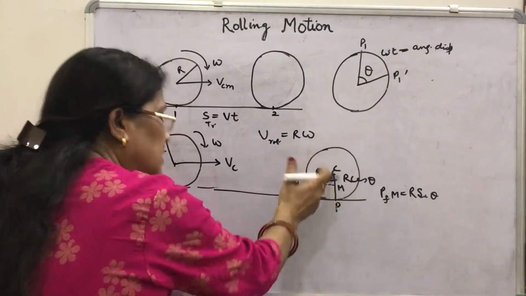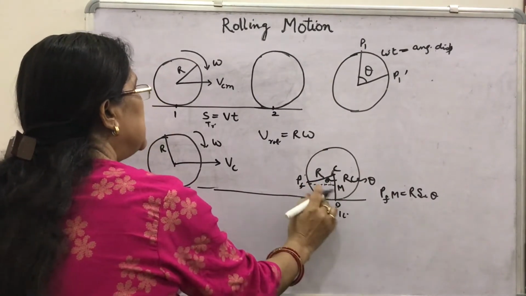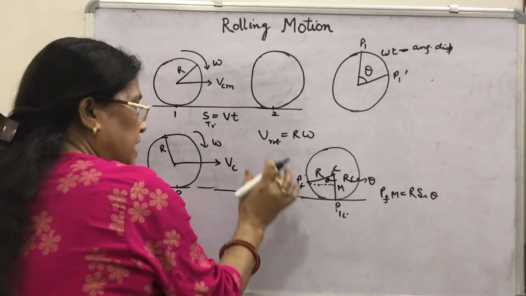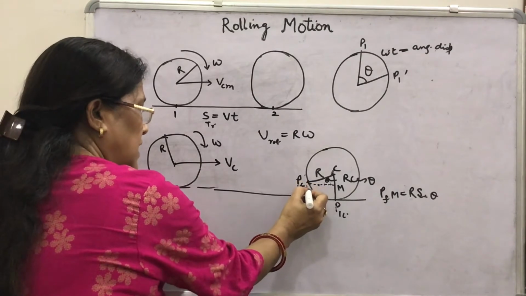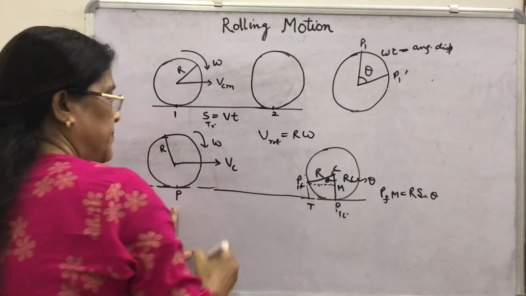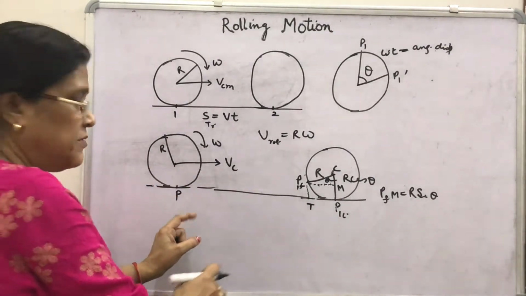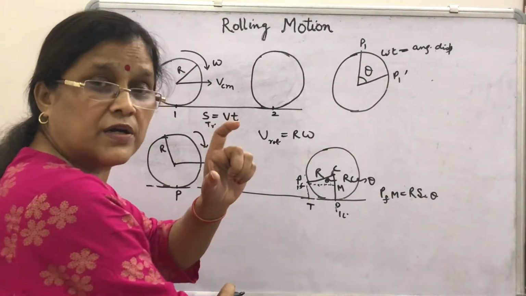Since it is rotating also, this point P1 initial position is this point P1 final position. Actually, after time t, the particle is here. How much is the distance? Suppose this is, I write here, point T. What is the actual translational displacement? Pt, not P1I. Is it clear or not?